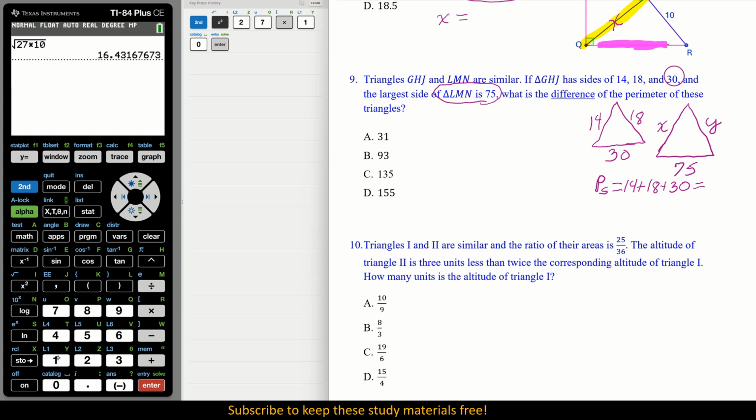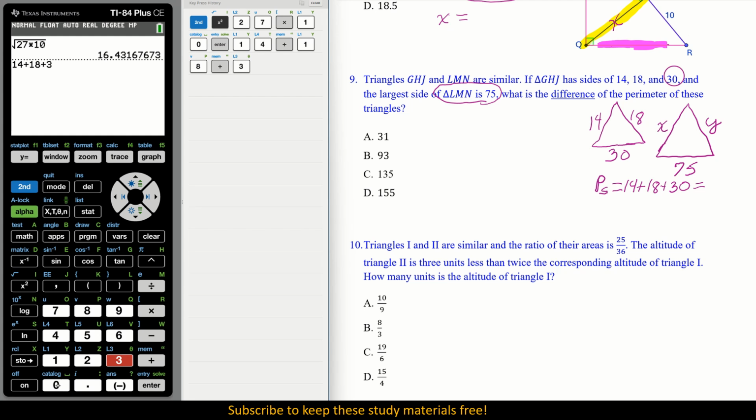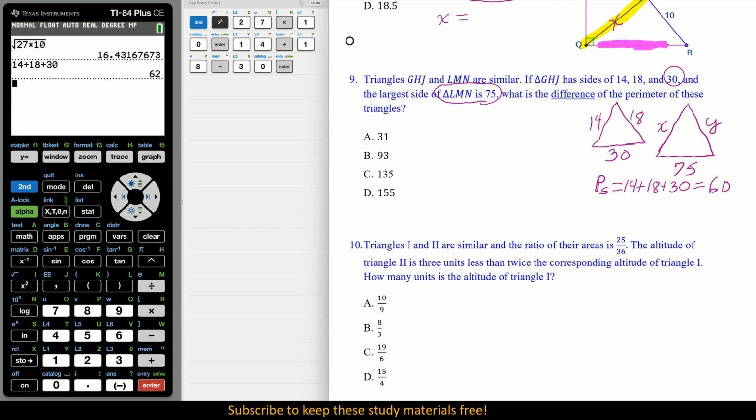Let's put that in the calculator: 14 plus 18 plus 30, and that gives us 62. Because it says difference, we're going to have to do some subtracting. So for the larger triangle, that's an L, we need 75 plus blah, blah, blah. We'll get there.